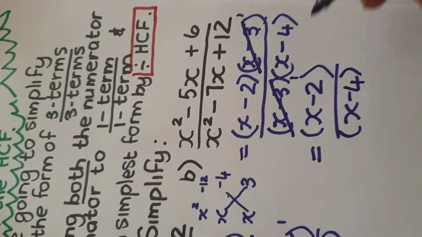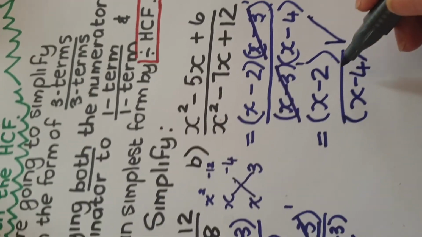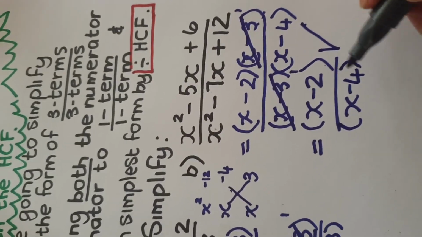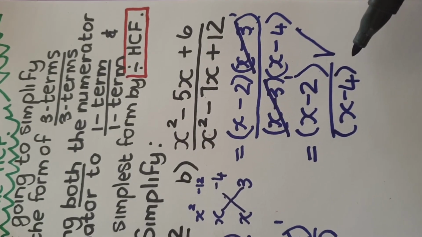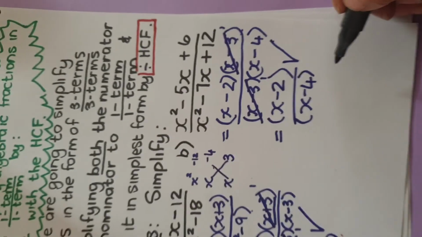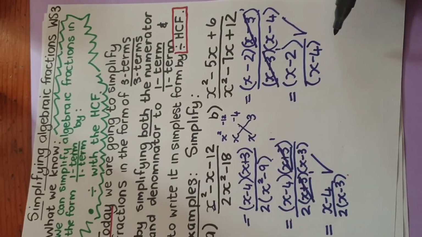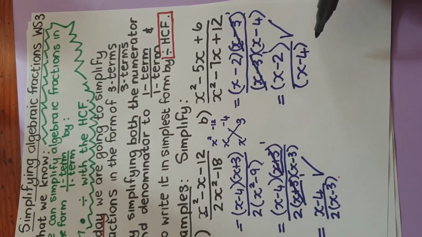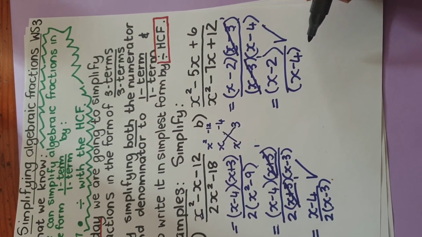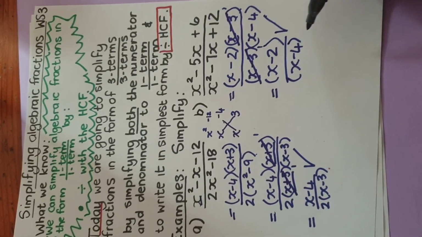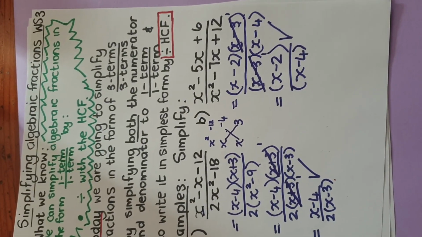So you can leave it like that and you are done, because there's nothing else to be done. It's in its simplest form. Right guys, two examples. I think you are ready to try the exercises in worksheet 3. So good luck with that, and thanks for watching once again.